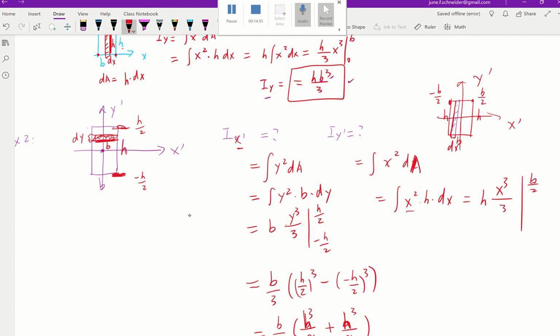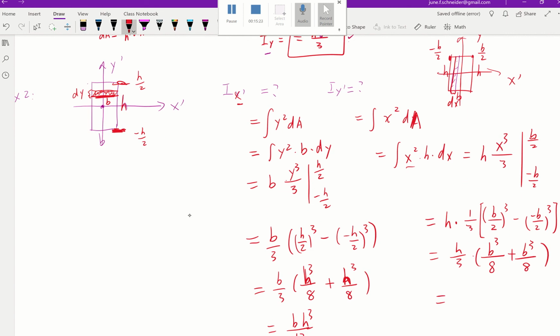So, same way, just like how you calculated earlier, you have b over 2 cubed minus negative b over 2 cubed. All right, so that would be b cubed plus b cubed over 8. Then that will give us the answer as 1/12 h b cubed.